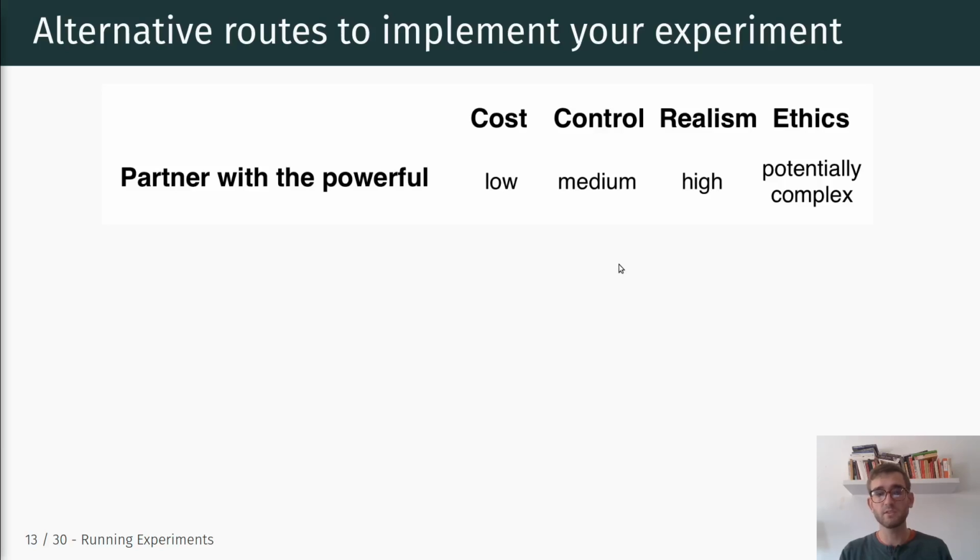Because of course, industry partners have strong inherent interest in only publishing certain findings versus others. So this reduces your control over the research project to some extent, and of course also potentially introduces ethical problems, right? So ethics are potentially complex.